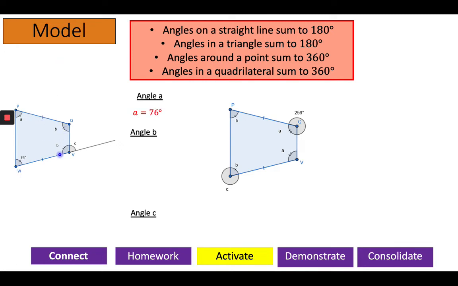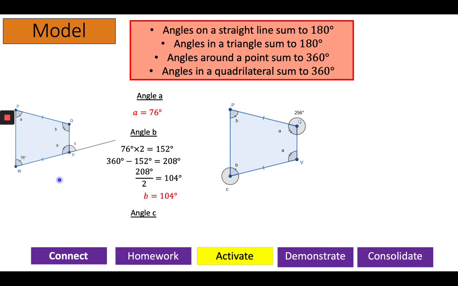To find angle B, our 2 other equal angles, we have to double 76 degrees, so times 76 by 2, and we get 152 degrees. We then subtract that from 360 because it is a quadrilateral, and we get 208 degrees. Because it's 2 equal angles, we divide this by 2, and we get 104, so 2 angle B's equal 104 degrees.